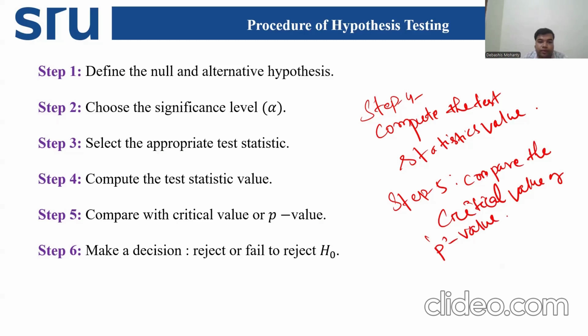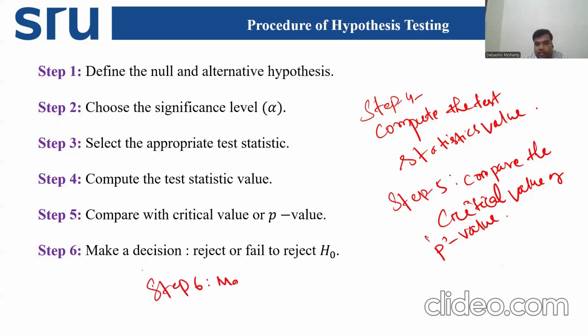We have to compare, students, in which case we reject the null hypothesis, and in which case we fail to reject the null hypothesis. If the statistical value lies within the critical value, then we fail to reject the null hypothesis. If it does not lie within it, we reject the null hypothesis. Those are two cases.